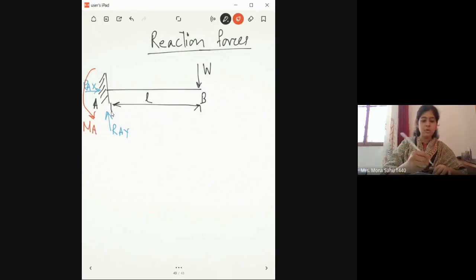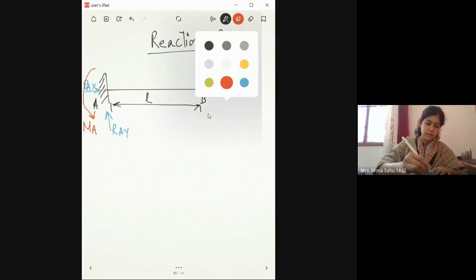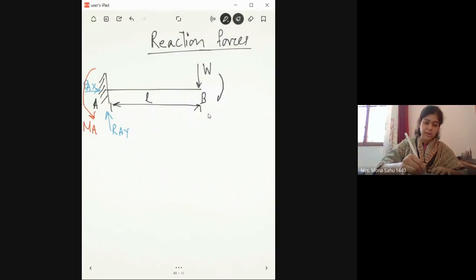Why am I drawing the moment in the anti-clockwise direction? You have a fixed support at A and you have a load. Will there be a moment created here? Yes, W into L. There will be a moment created, so there will be an equal and opposite moment. This moment is in the anticlockwise direction and is WL.